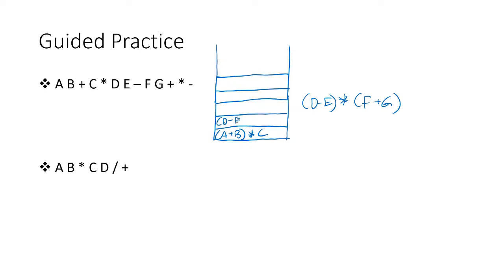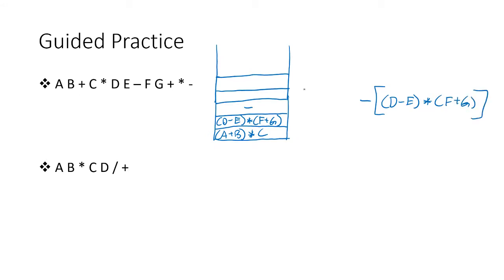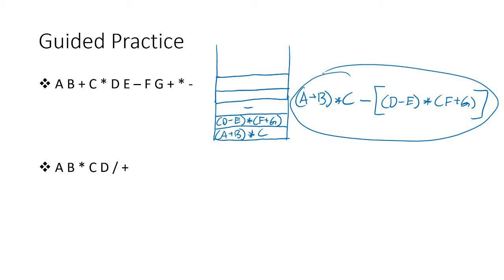D minus E times F plus G. Okay. Now I have a subtraction. Pop that off. Pop off the, let's keep this together, D minus E times F plus G, and then pop off the A plus B times C. And there we go. Here is our answer.